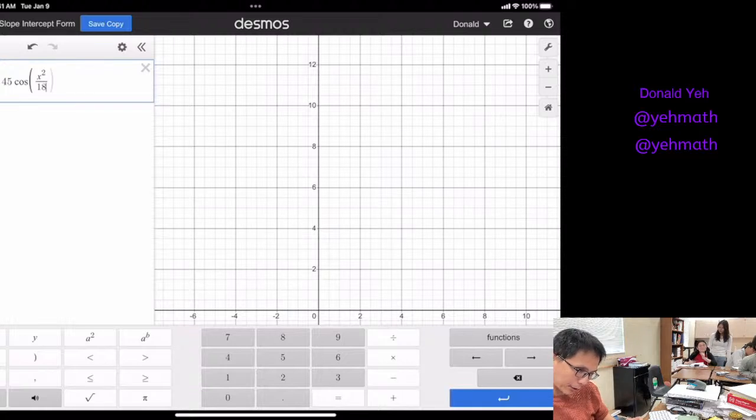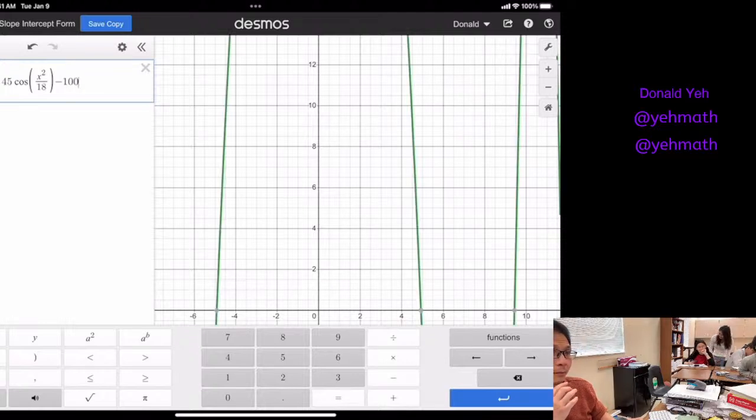And I'm going to graph minus 100. Why is it minus 100? That's the out rate. So the net rate is the rate in minus the rate out. Does that make sense? So I'm going to graph this.